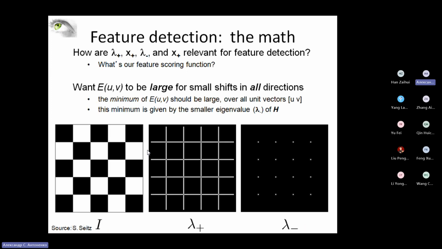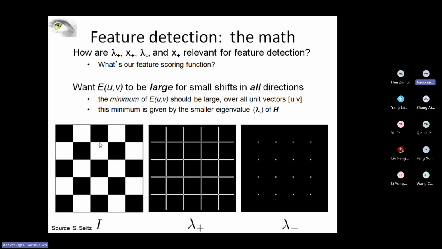So let's find an example on this checkerboard image. If we take this checkerboard image, then at most points this matrix is actually zero, because if we take some point inside this cell, not on a boundary, not on a corner, then nothing changes if we move our window up or down or in any direction.